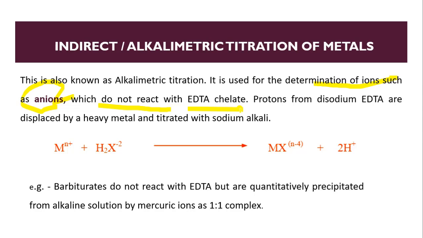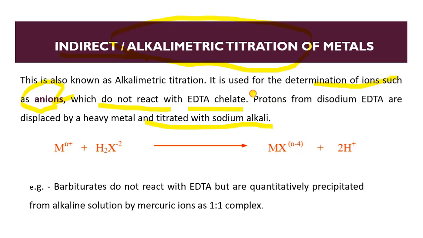For example, some heavy metals will not directly react with EDTA. That's why we have to use alkalimetric titration. It is known as indirect titration. So a heavy metal will be titrated with a sodium alkali.